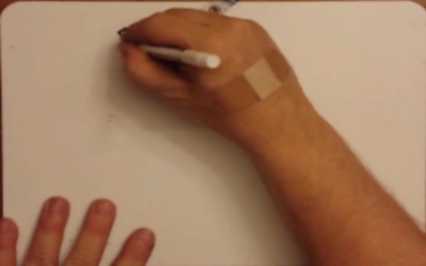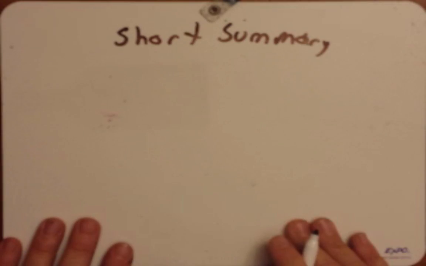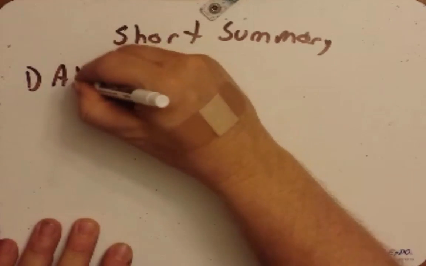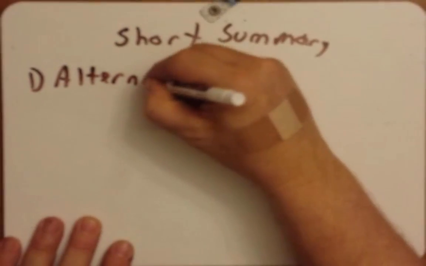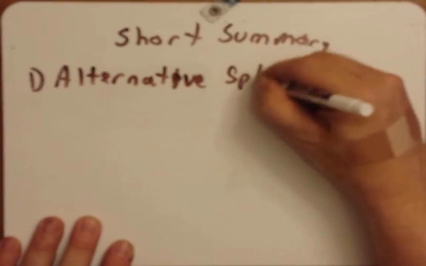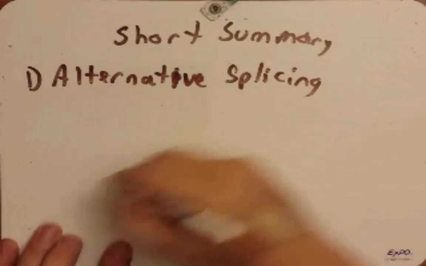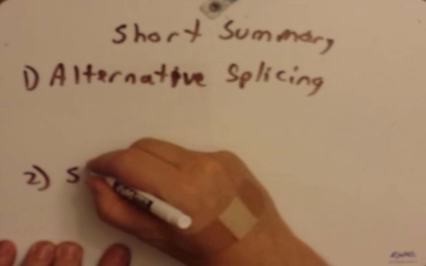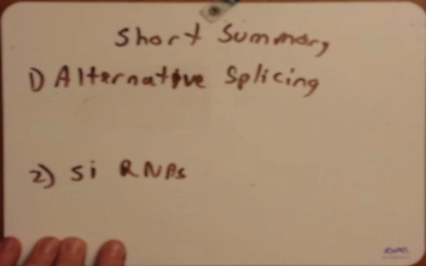Okay, let's have a short summary here. We talked about 2 main things in this podcast: alternative splicing and short interfering RNAs. With alternative splicing, we talked about how we can take one gene with many exons and create several proteins.